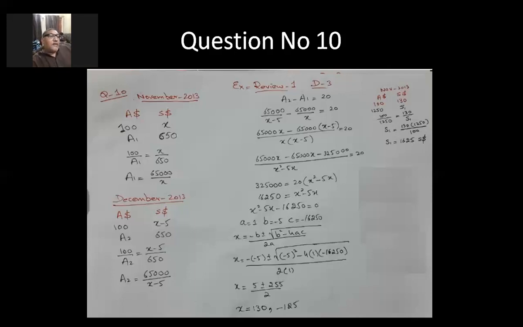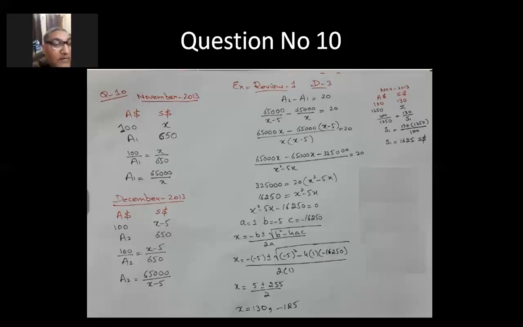So I will apply the quadratic formula and insert the values of A, B, and C. And you can see the value of B is minus 5. The value of C is minus 16250. We just put those values. And finally, you will have 5 plus minus under root. And when I take the square root of this thing, just enter this in the calculator, you will get 255. So there are two possibilities.